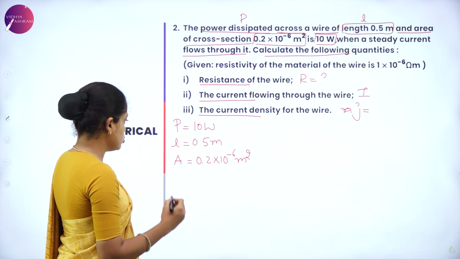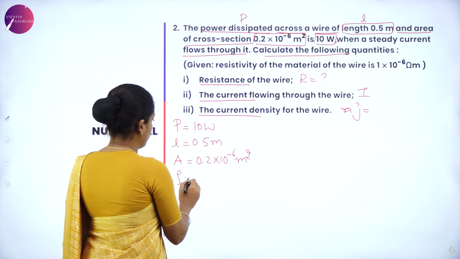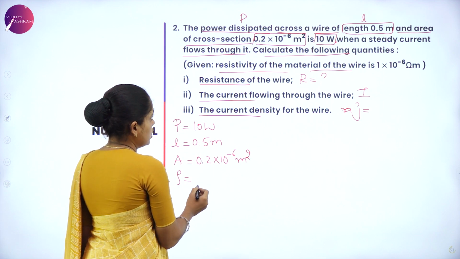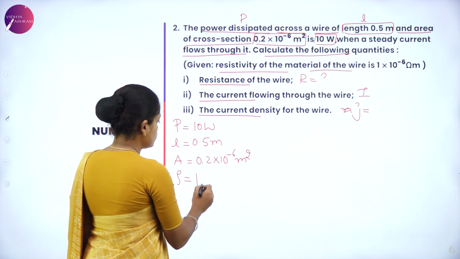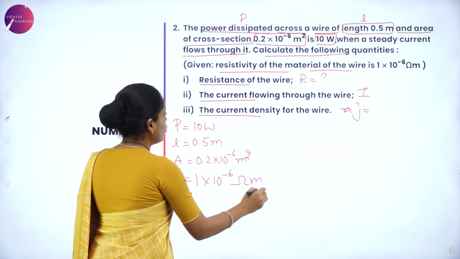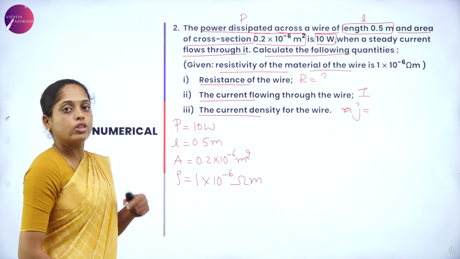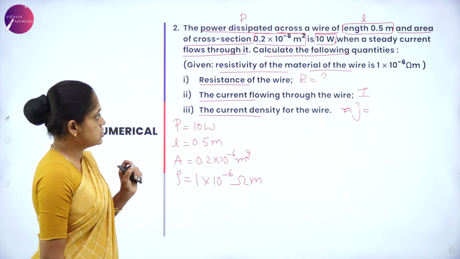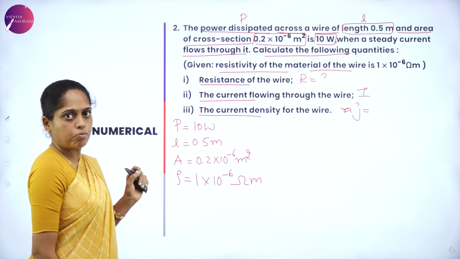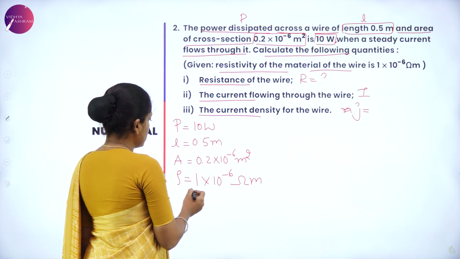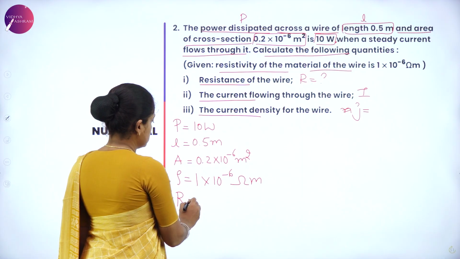Using this, and also they have given the resistivity of the wire. Yes, resistivity of the wire is 1 into 10 power minus 6, because you know that resistivity depends upon the material. So here the material has the resistivity of 1 into 10 power minus 6 ohm meter. Using this data, we need to find the resistance.